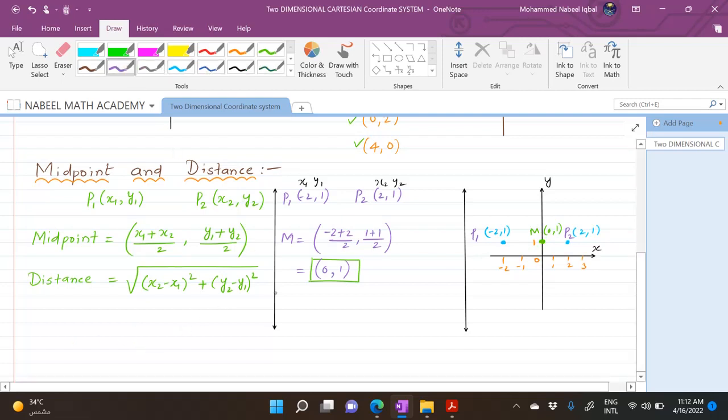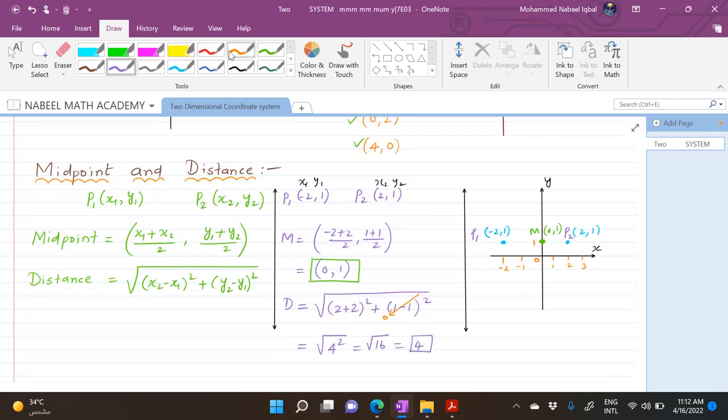Next is the distance. In the distance formula, I have x2 minus x1, that is 2 minus (-2), which becomes plus 2, so 4 whole square, plus (y2 minus y1), 1 minus 1 whole square, which is 0. So we have the square root of 4 square, which is the square root of 16, which is equal to 4.